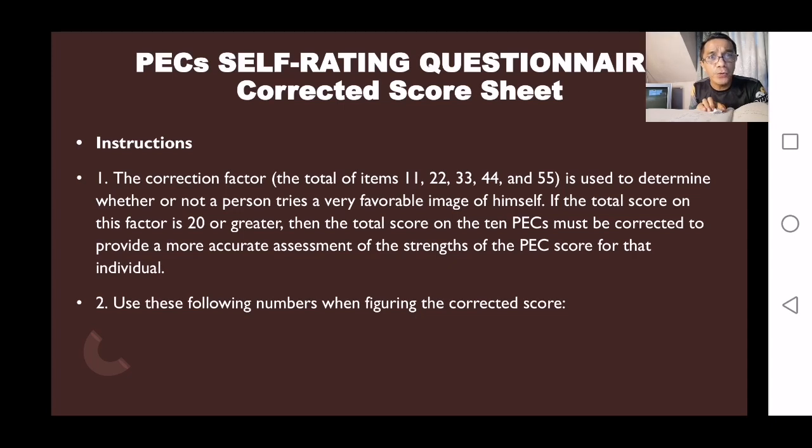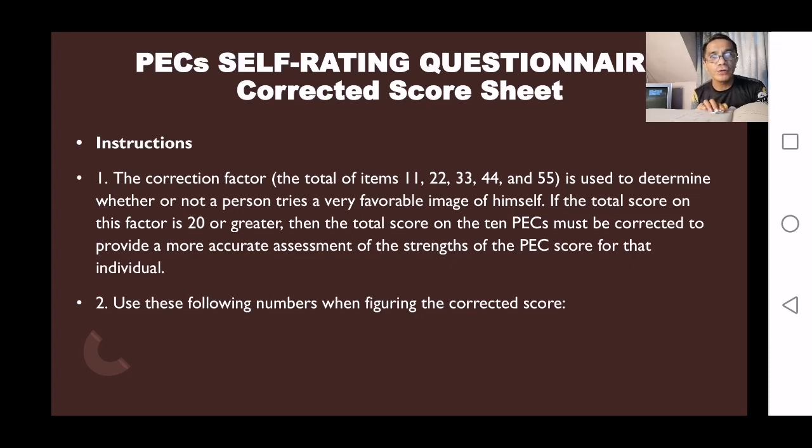If the total score on this factor is 20 or greater, then the total score on the 10 PECs must be corrected to provide a more accurate assessment of the strengths of the PEC score for that individual.